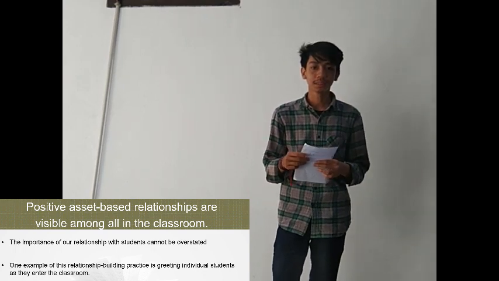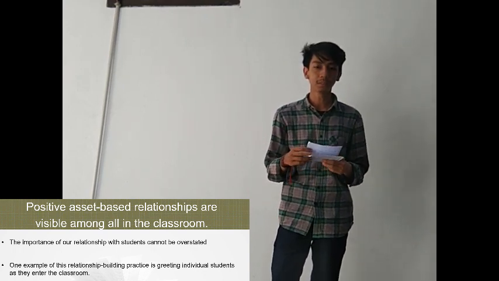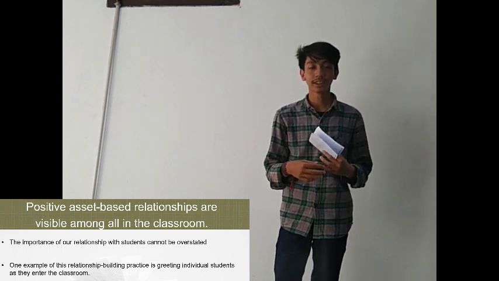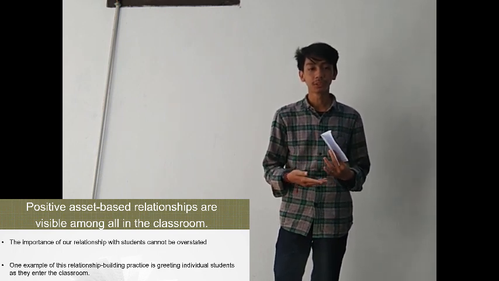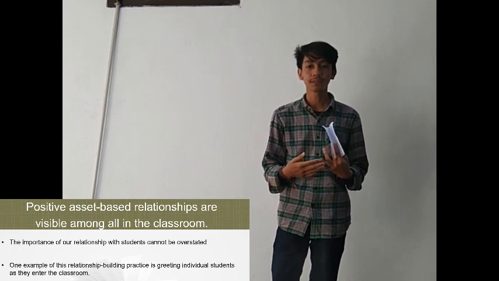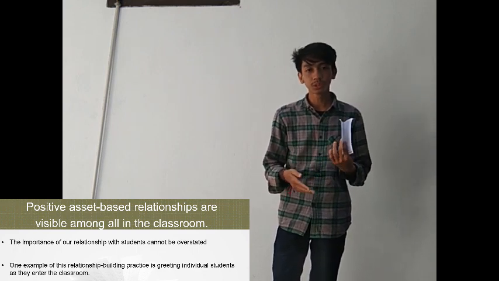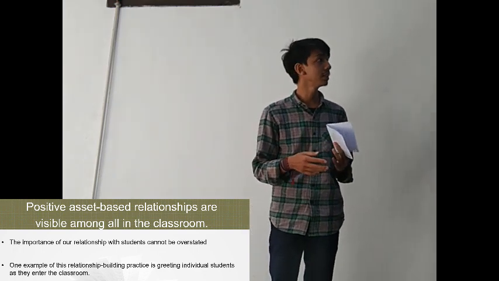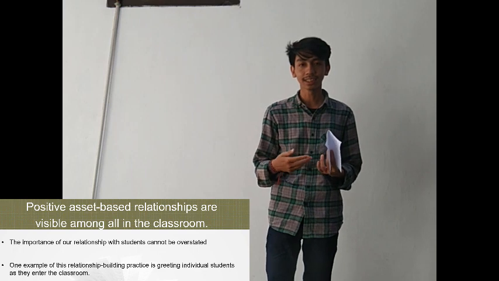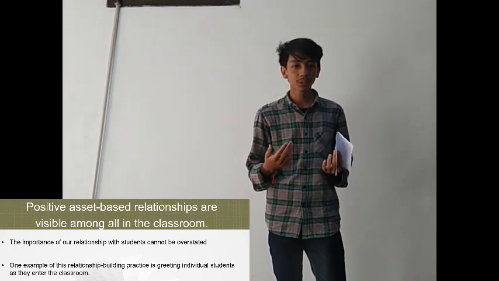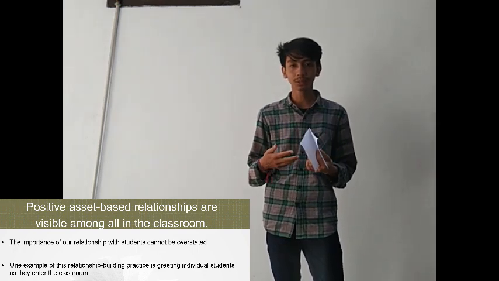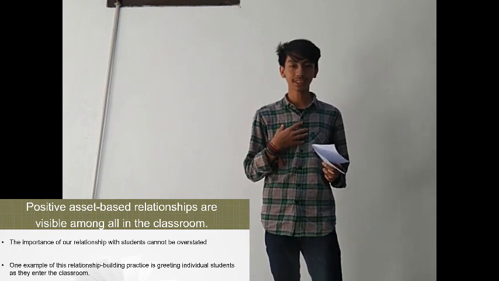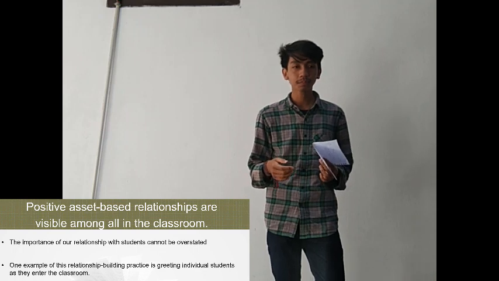Positive asset-based relationships are visible among all in the classroom. So, for instance, the relationship between student and teacher is important, because if we want to maximize the learning process between students and teacher, we as a teacher have to make a good bond between us and our students.